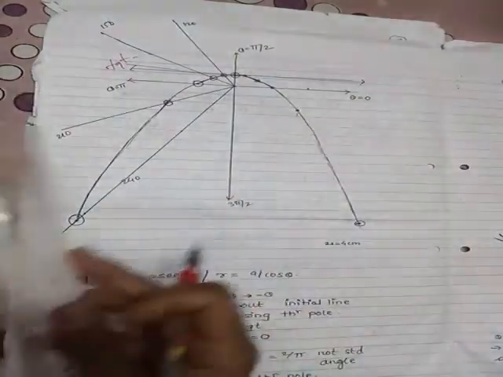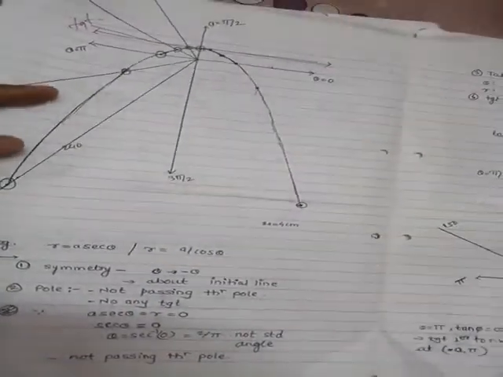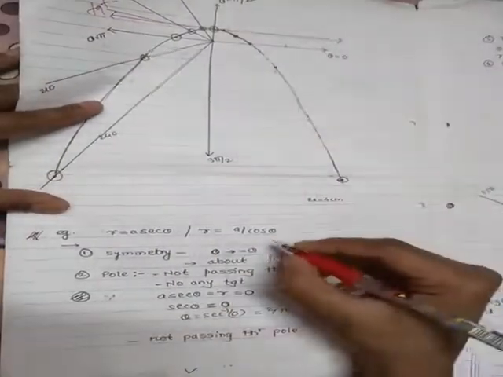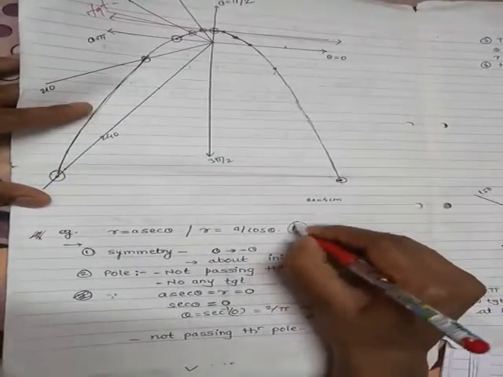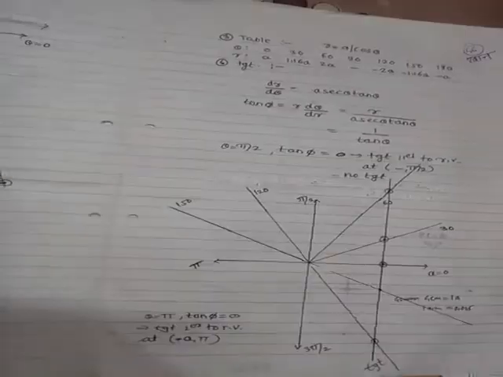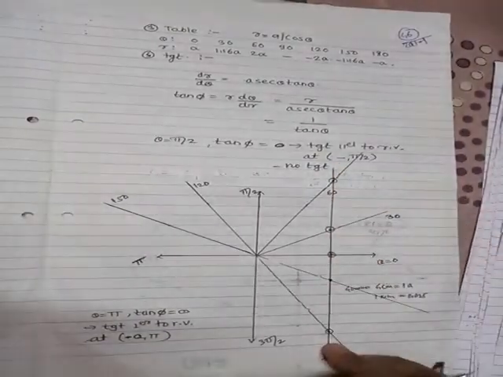There is a tangent. Take this as an assignment. This is your, you will get the straight line.